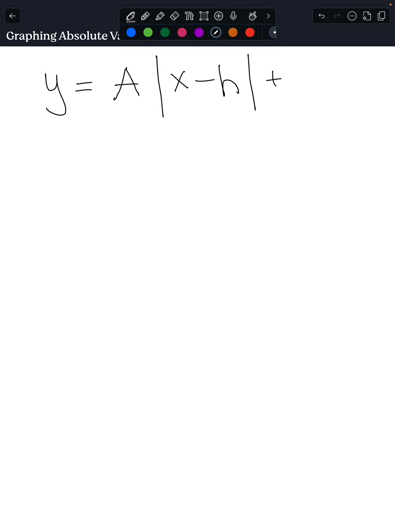So anytime you're graphing absolute values, specifically the ones we're going to do today, they're always written in this form. Y equals A absolute value of X minus H, plus K. Okay?